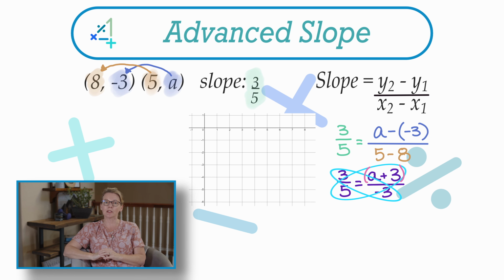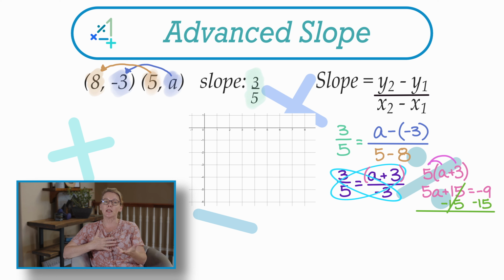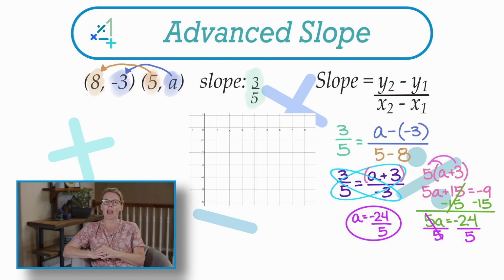Parentheses around a plus 3, multiplied by 5 and distributed is 5a plus 15, equals the other diagonal. 3 times -3 equals -9. Two-step equation now. Subtract 15 from both sides, and -9 minus 15 is -24. 5a equals -24. Divide by 5 for an answer of a equals -24/5.